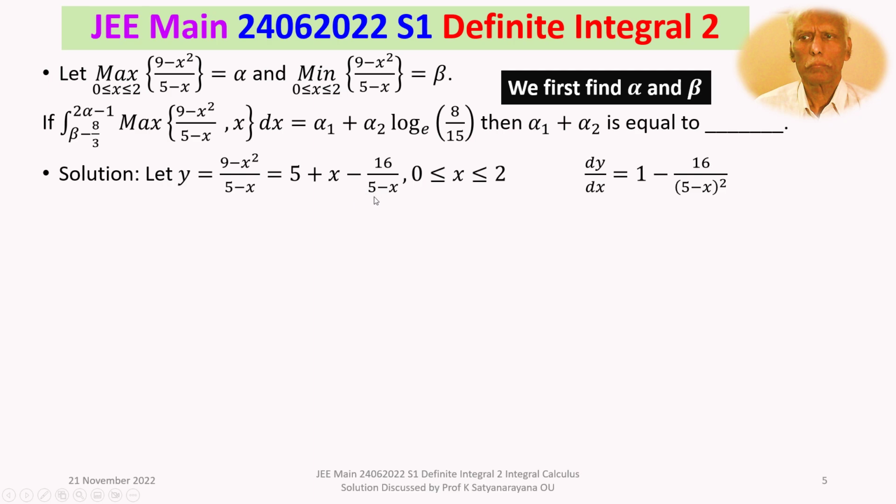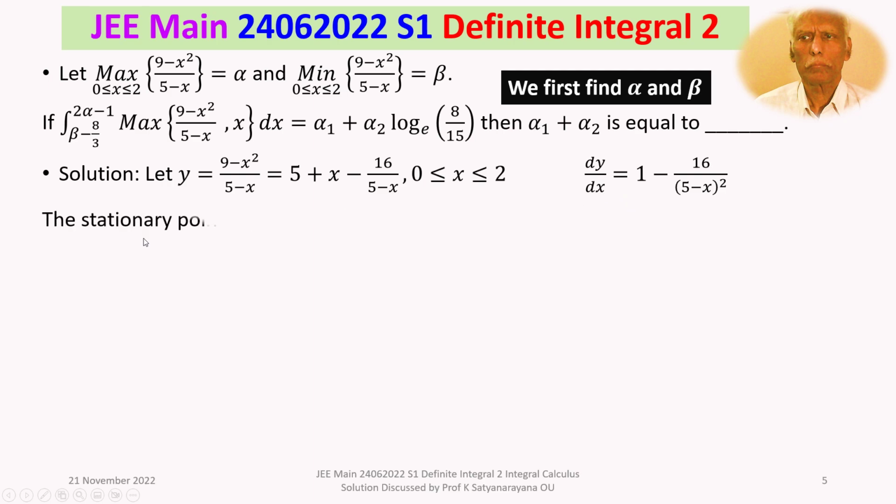Here x belongs to the closed interval 0 to 2, meaning 0 less than or equal to x less than or equal to 2. We differentiate: dy by dx is equal to 1 minus 16 by (5 minus x) whole square.